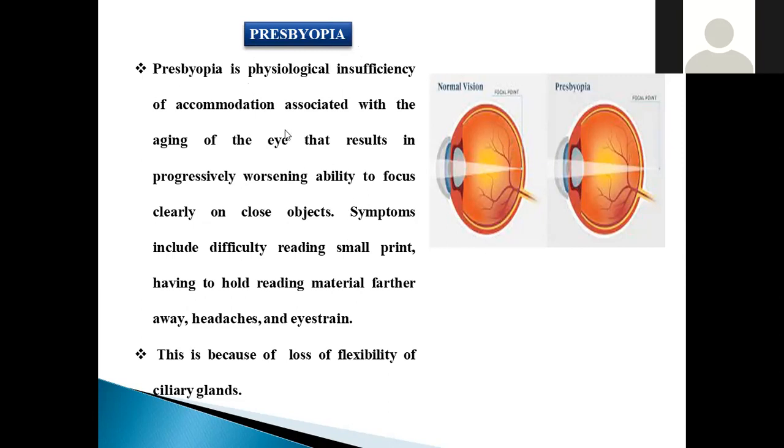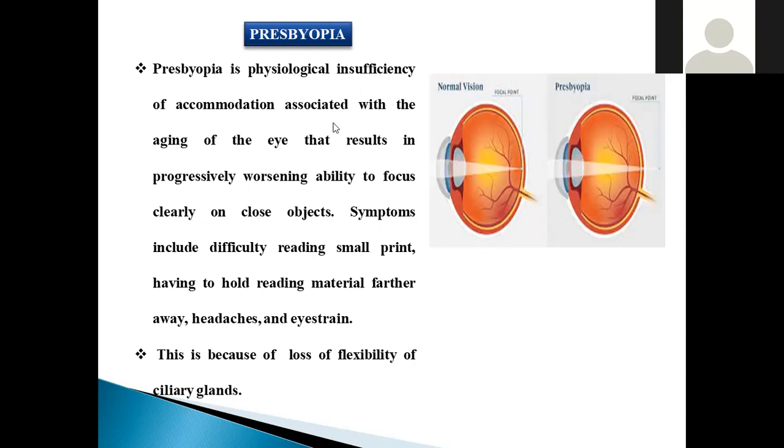As age grows, what happens? Ciliary muscle movement becomes difficult, and if their movement is very difficult, the human eye's vision effectiveness will be reduced. Worsening of the ability to focus clearly on objects is known as presbyopia. This is purely based on the aging of people, because ciliary muscle movement becomes difficult and focal length adjustment is not possible in general.